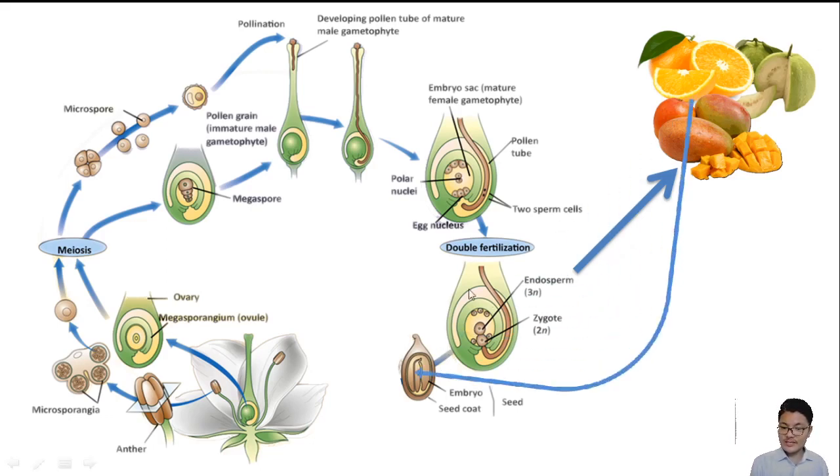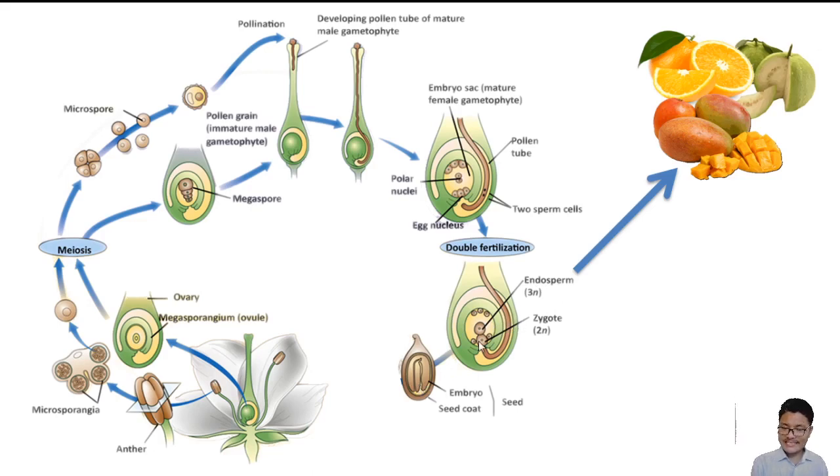So the fruit is developed from the ovary. The outermost covering of the ovary will develop into the pericarp, and within the ovary we have the zygote and embryo, which form seeds.